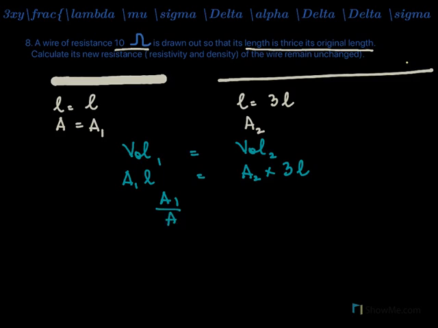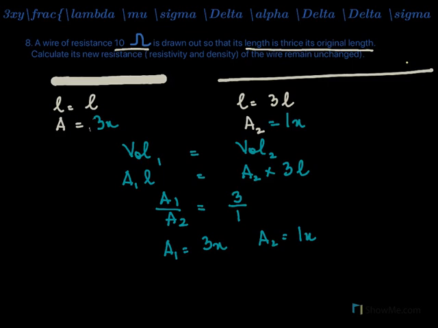So A1 over A2 equals 3 over 1, which means if A1 is 3x, A2 will be 1x. What happens to the new resistance?